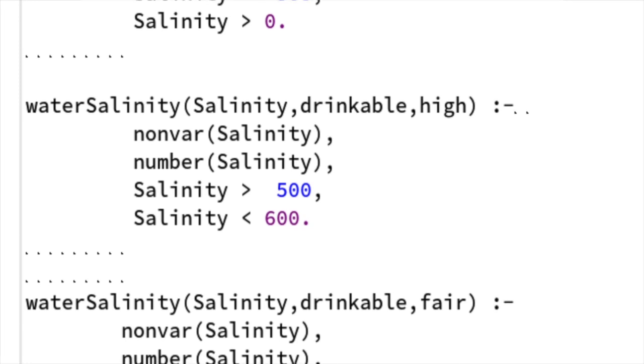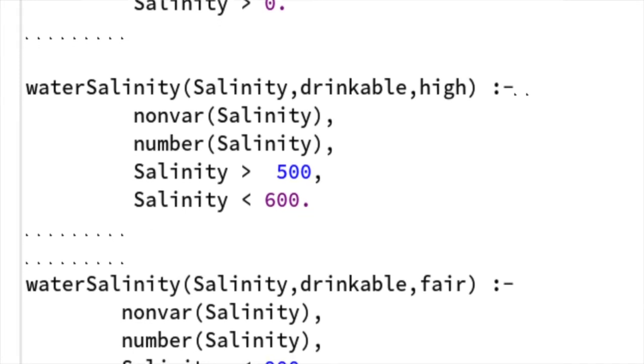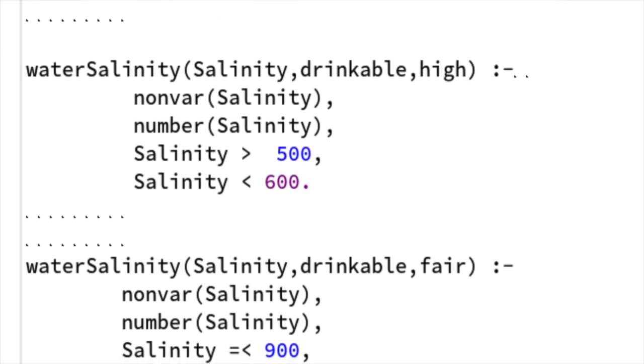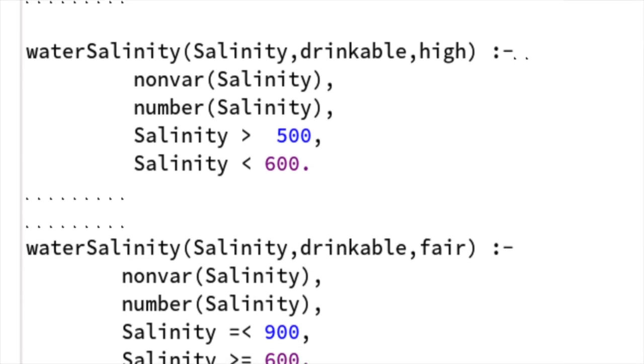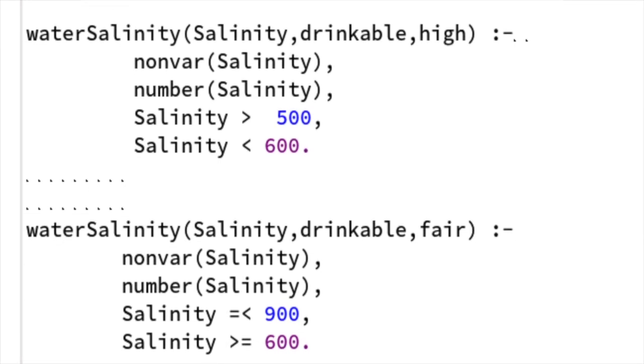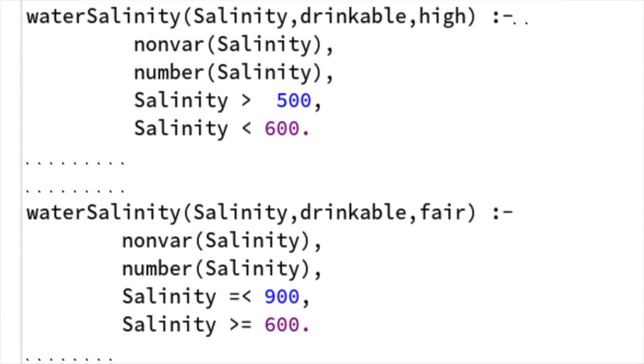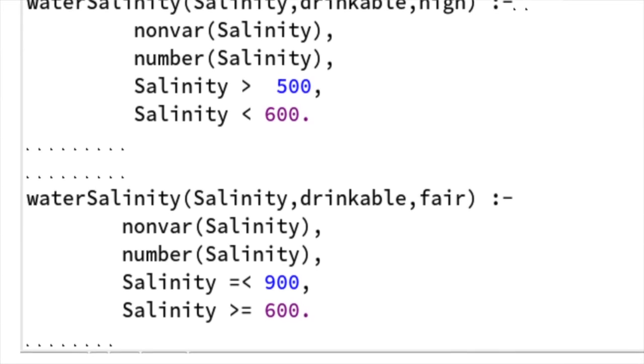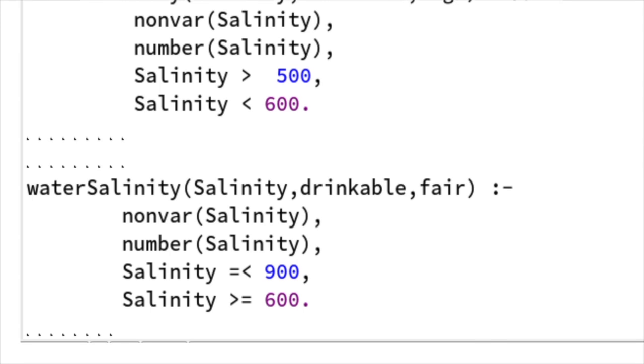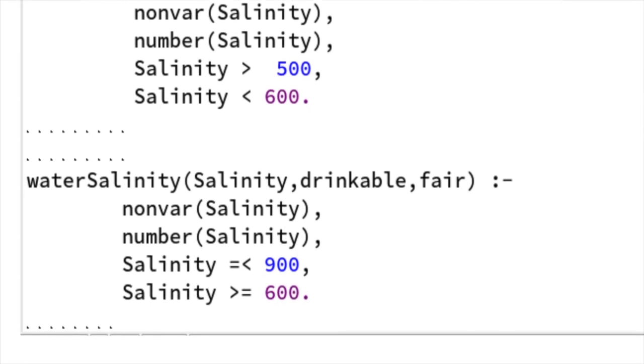And in that last case, you can drink it if you need to in order to survive, if you're stuck somewhere and can't get safe water. If you have salinity between 600 and 900, it's not going to kill you, but it might cause other issues.